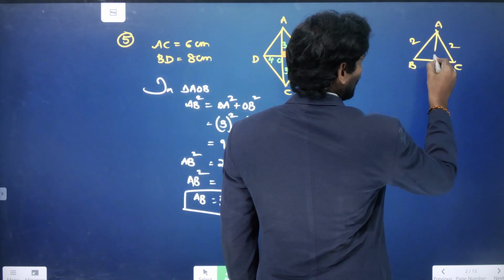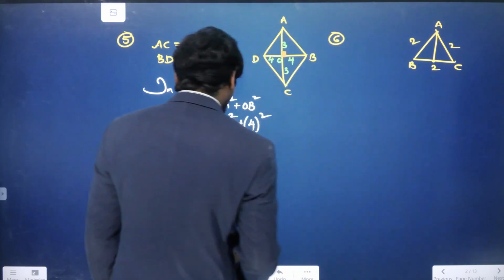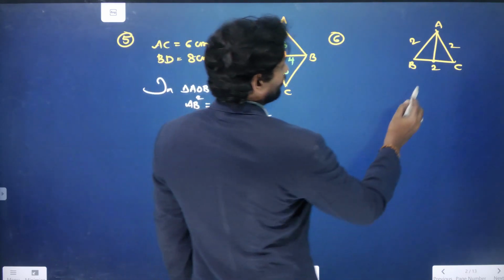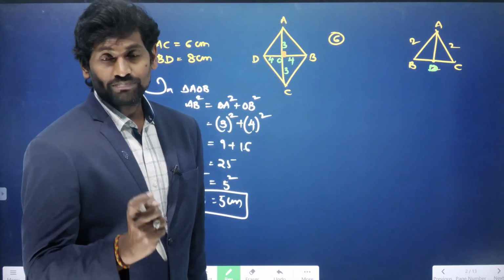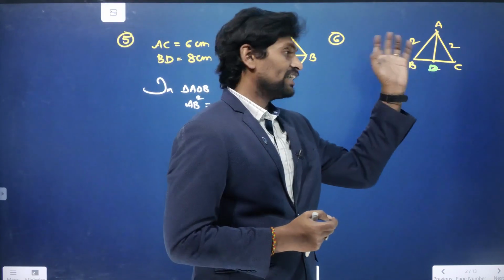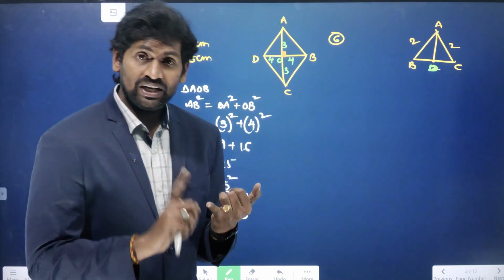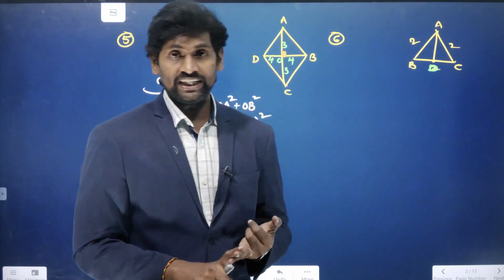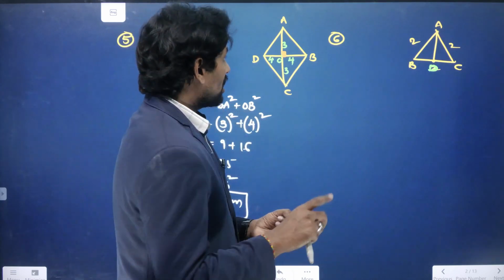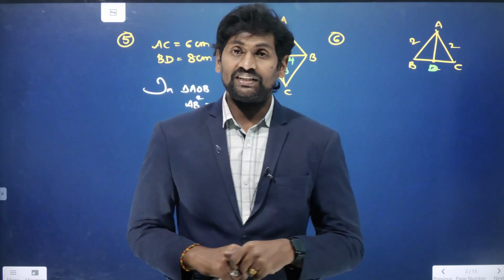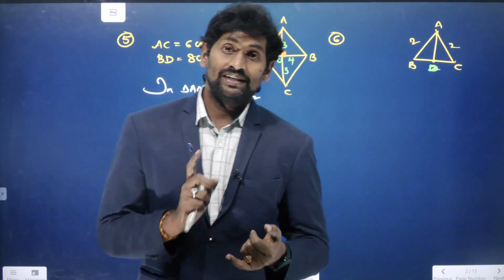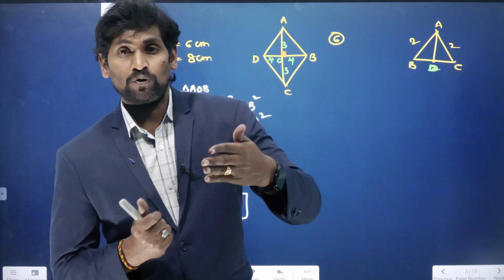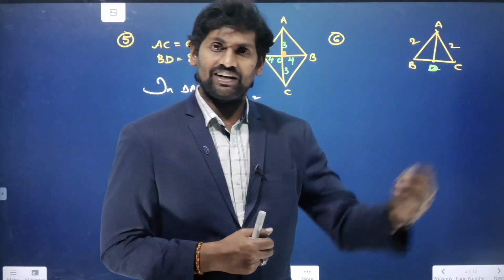A median is the line segment drawn from a vertex to the opposite midpoint. Whenever you observe an equilateral triangle, its median, height or altitude, and perpendicular bisectors must all coincide. We already discussed that the centroid, orthocenter, incenter, and excenter will all be at the same point in an equilateral triangle.